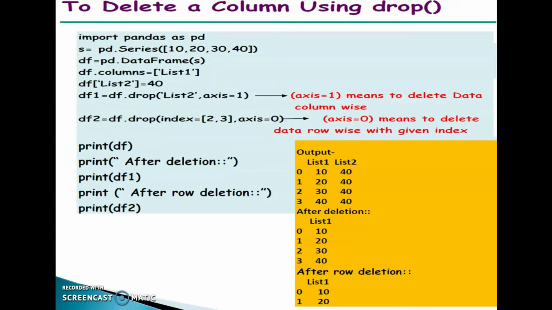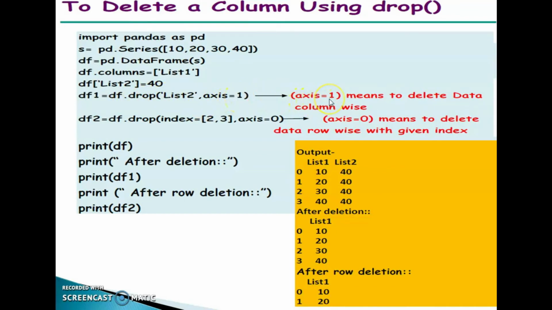Then the next is to delete a column using the drop function. Import pandas as pd. S is equal to pd.Series 10, 20, 30, 40. df is equal to pd.DataFrame s. df.columns is equal to list 1. df list 2 is equal to 40. df1 is equal to df.drop list 2, comma, axis equal to 1.